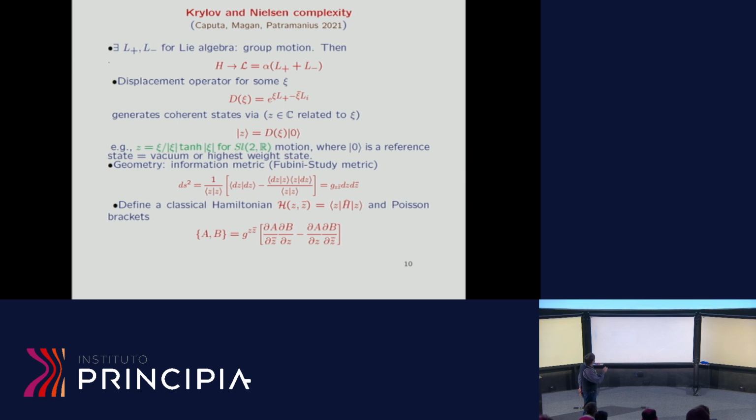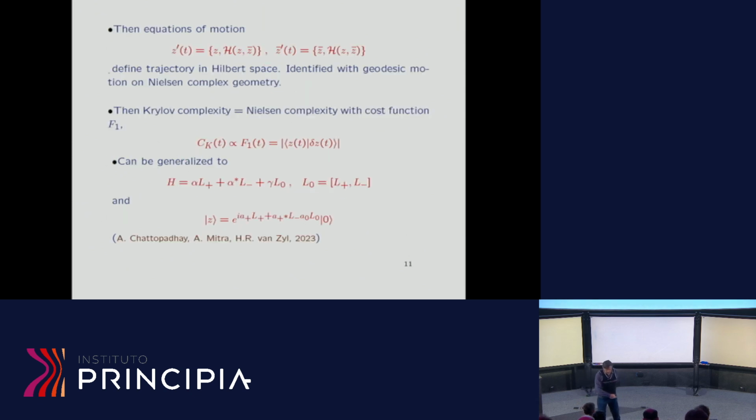Using this metric, G_{ZZ bar}, one can define first a classical version of the Hamiltonian operator by acting on Z's, and then define also Poisson brackets with the inverse metric in here.